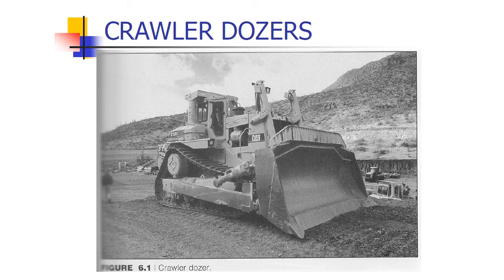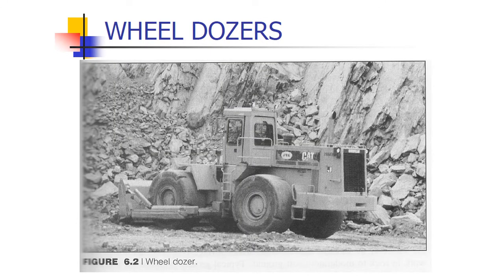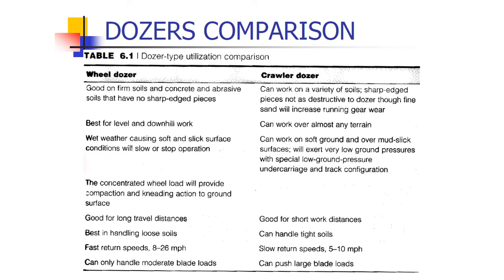It's on tracks, as opposed to the wheel dozer, which is mounted on wheels, as you can see here. The major difference between them is mounting and gripping to the soil. This is why a crawler dozer can work on almost any terrain, while the wheel dozer is not that case.